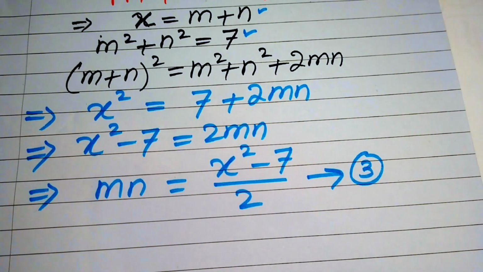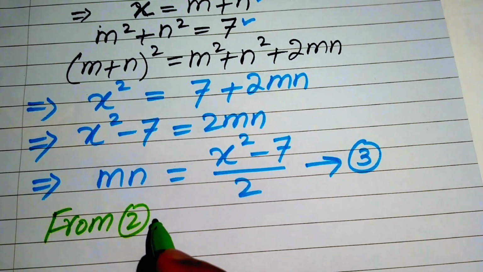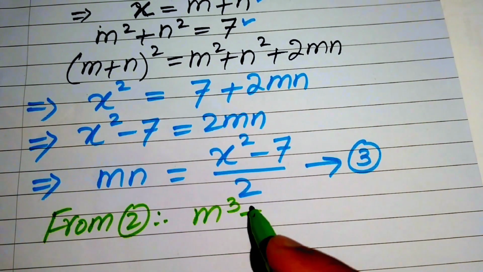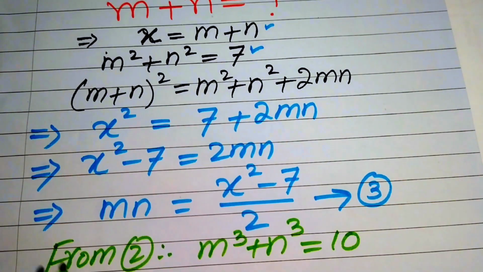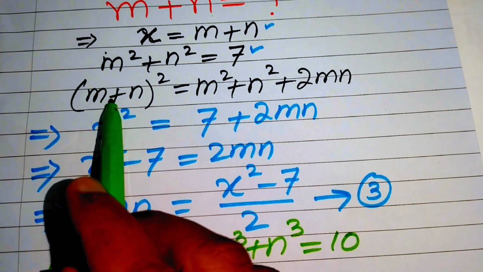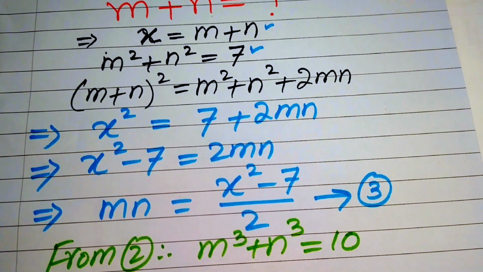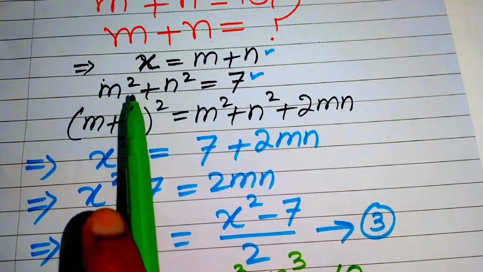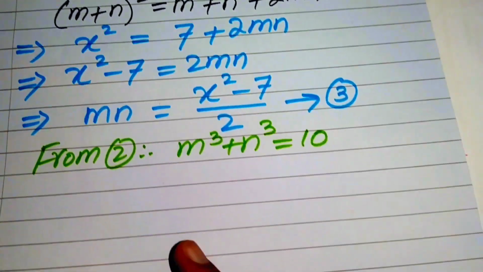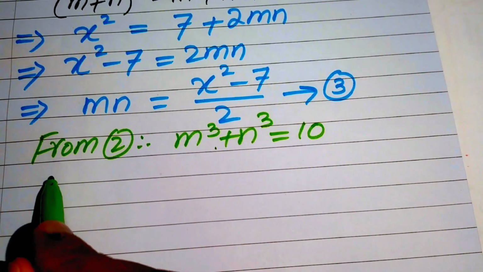And now in the next step you focus on equation number 2, and from equation number 2 we are given that the value of m cubed plus n cubed equals 10. So in the first step we took the square on m plus n and used equation number 1, which is m square plus n square equals 7, and now we take the cube on m plus n and use the value of m cubed plus n cubed.